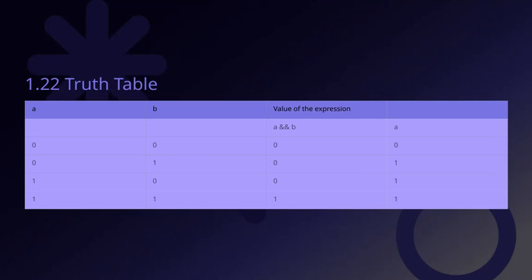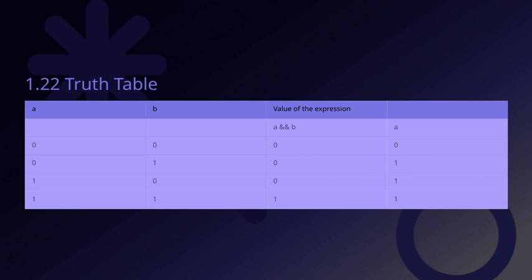Let's take a closer look at this truth table. Here, we're examining the expression A and B, which is a logical AND operation, alongside the value of the expression itself. As you can see, when both A and B are 0, the result is 0. If A is 0 and B is 1, the result is 1. Similarly, if A is 1 and B is 0, the result is again 1. And finally, when both A and B are 1, the result is 1 as well.